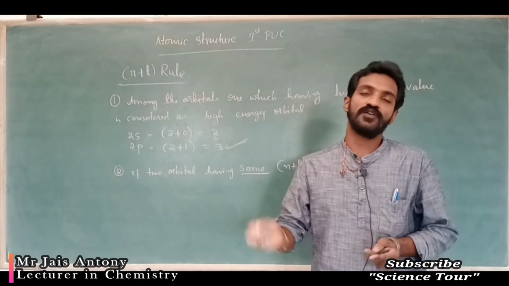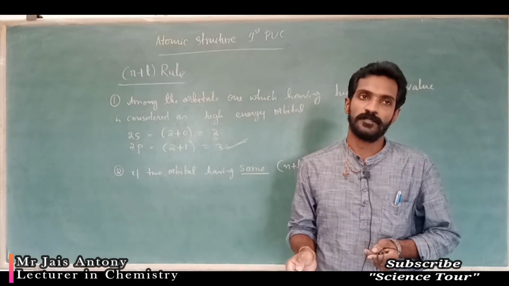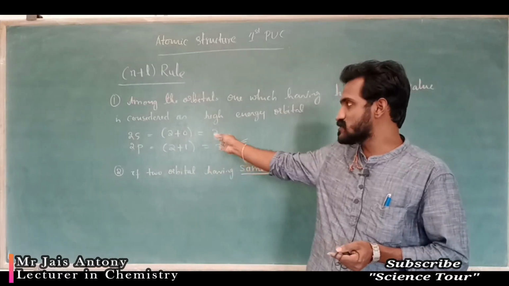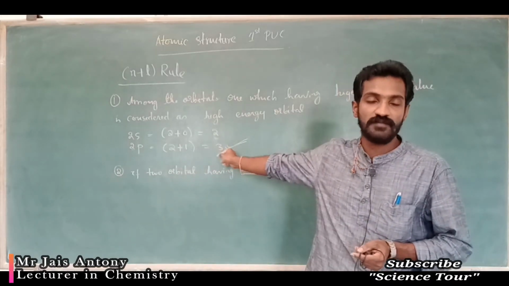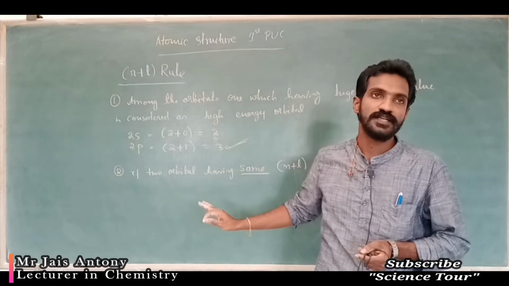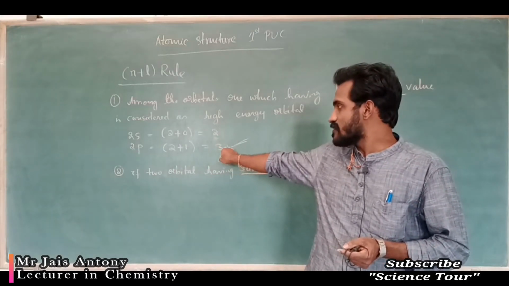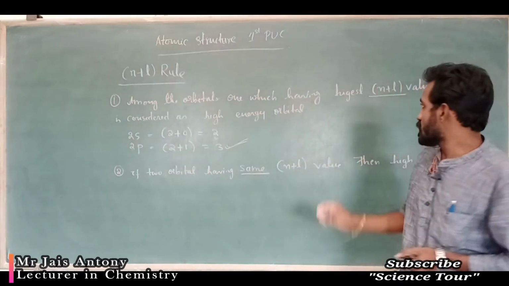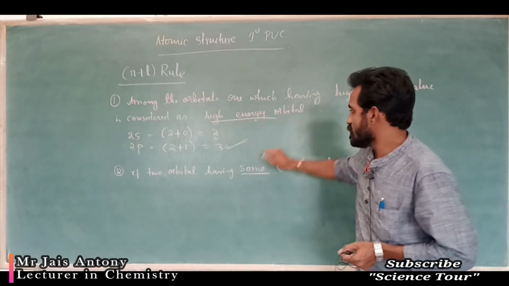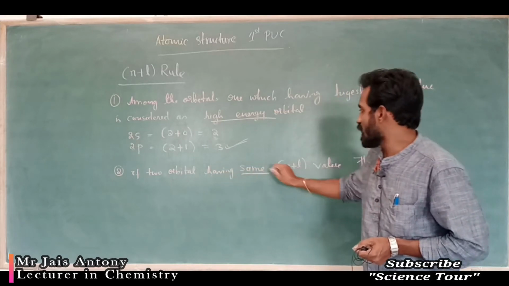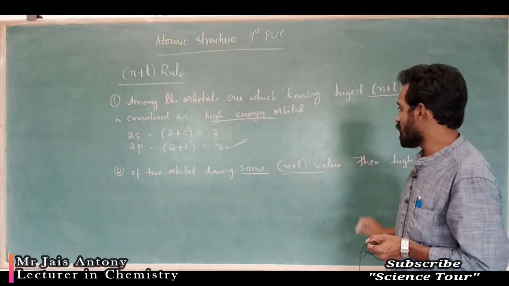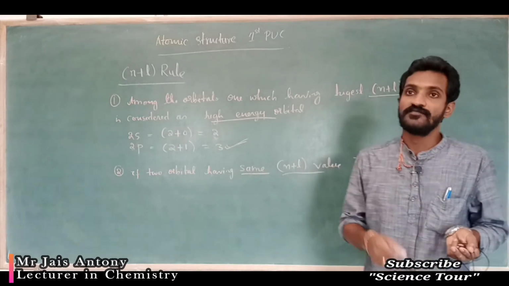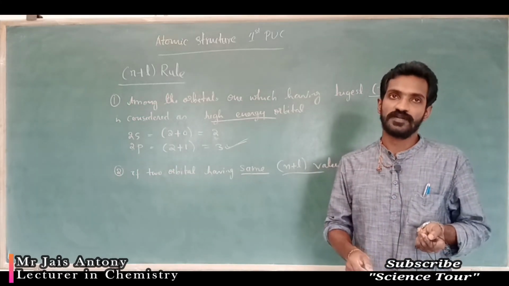Then which one do you consider? Normally, the one which has the highest n plus L value is considered the higher energy orbital. But in this case, the two orbitals have the same n plus L value, so which one is considered the higher energy orbital?